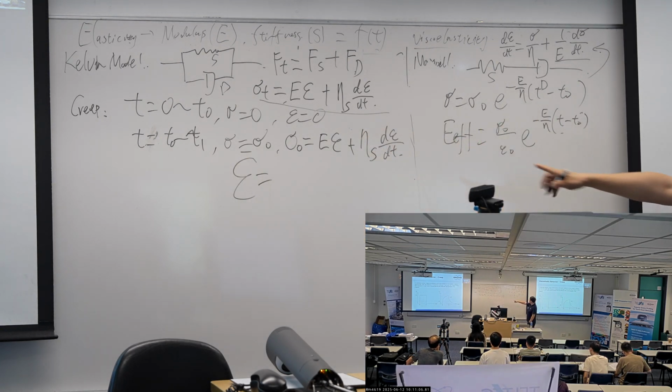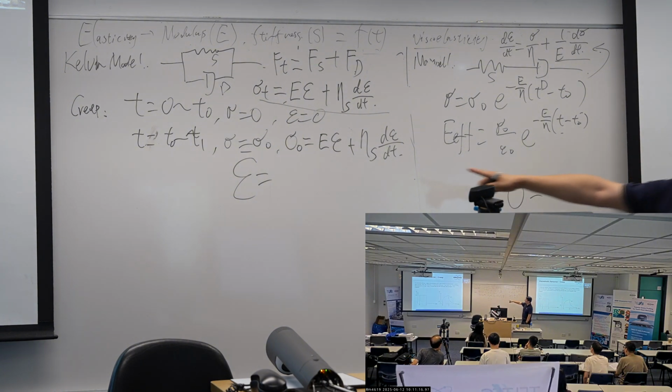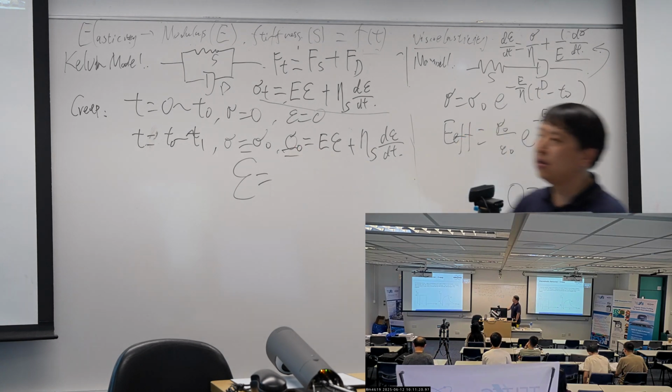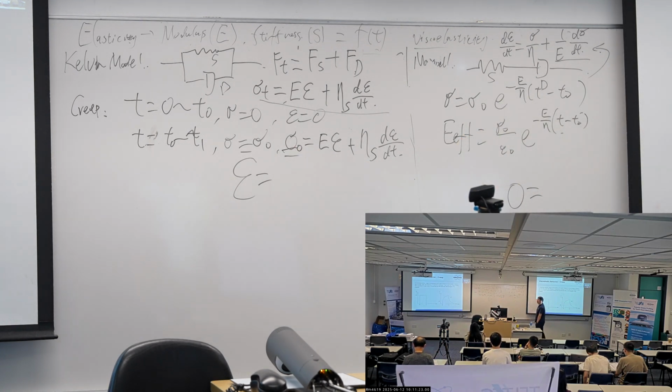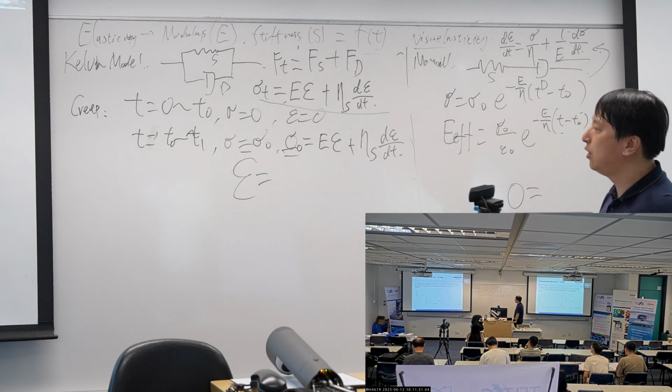For the solution of epsilon, it is a little bit different from this one, because for the relaxation one the left side is 0, but for this one we have a non-zero term on the left hand side. So in calculus we need some special solutions.